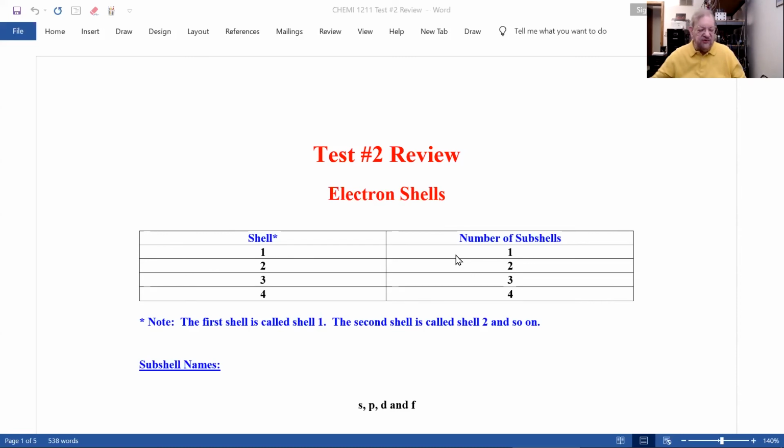Shell 2 has 2 subshells, and shell 3, 3, and 4, 4. And when we talk about shells, shell 1 has the lowest energy, and it increases where shell 4 on this table has the highest energy.